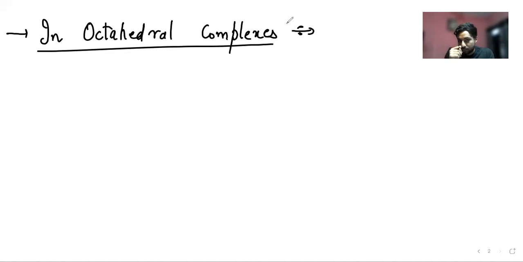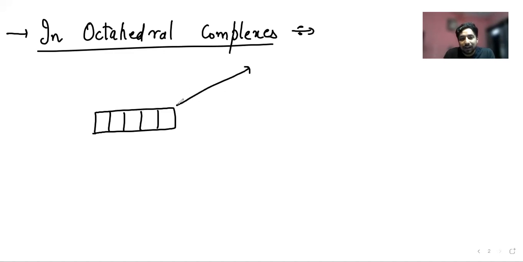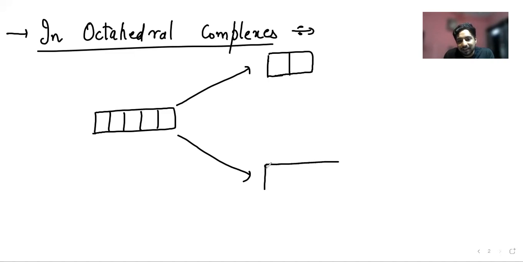Now in octahedral complexes, we have these 5 orbitals which were degenerate, and they will split into 2 parts: these 2 and these 3. This is dx square minus y square and dz square.